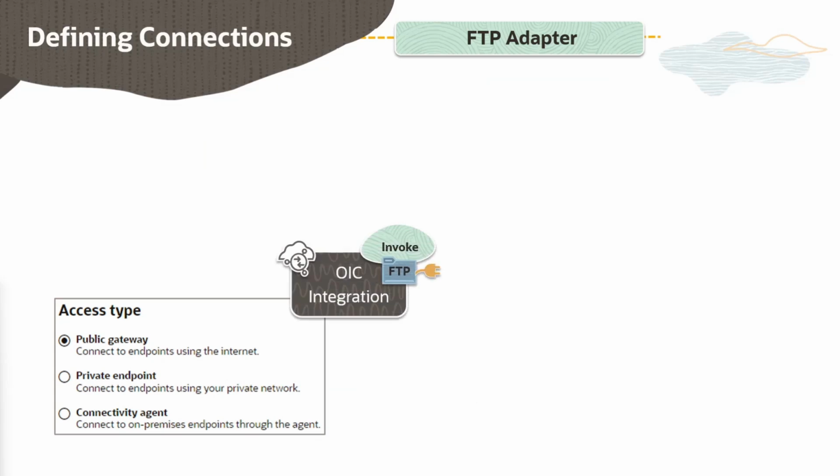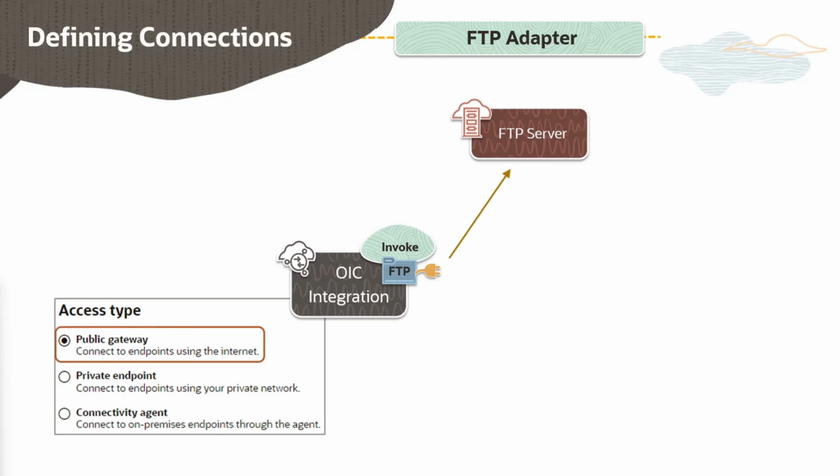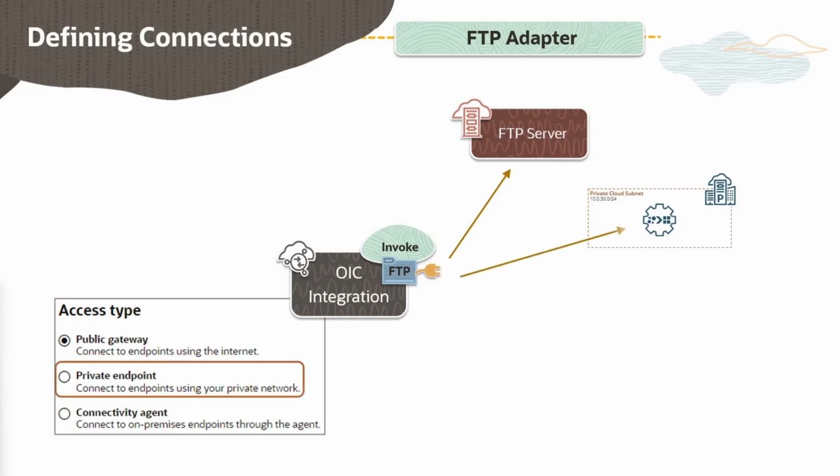Finally, you'll need to indicate how the connection will be accessing the FTP server. In most cases, it will be a publicly available IP address on the internet, so you'll use the default public gateway. However, if the FTP server is running in your private OCI Cloud subnet, you can connect directly, but only if your OIC Service Administrator has set that subnet as a private endpoint for your OIC instance.